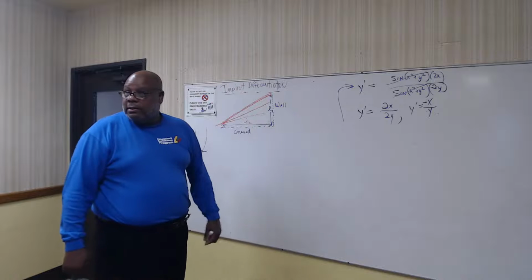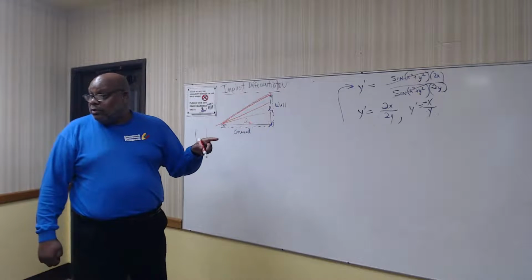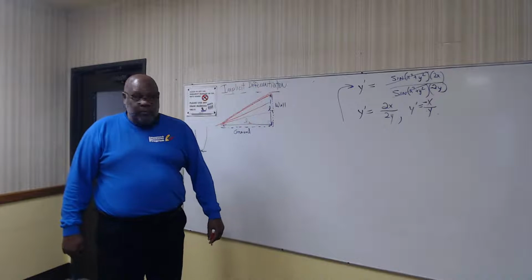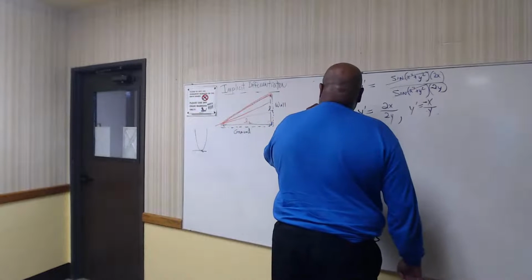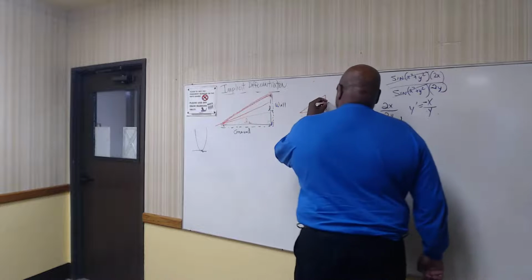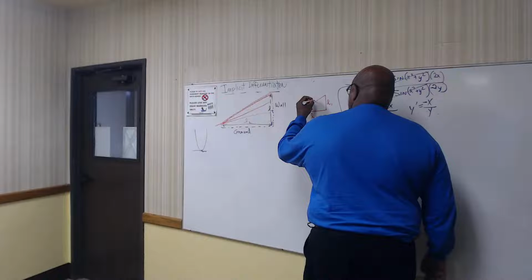It slides down, thereby making this ground length change. So the ground length is changing as the wall length goes down. So what you have here is the right triangle with this equal to L1, this equal to L2. I'm going to call this just C here.